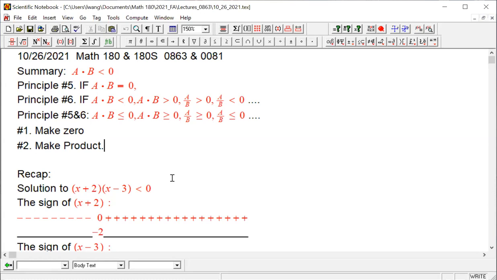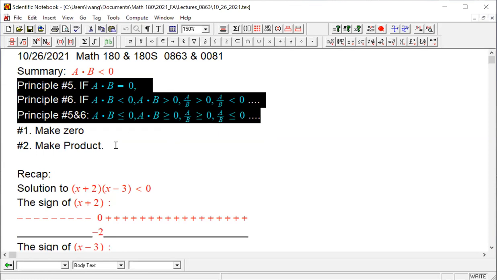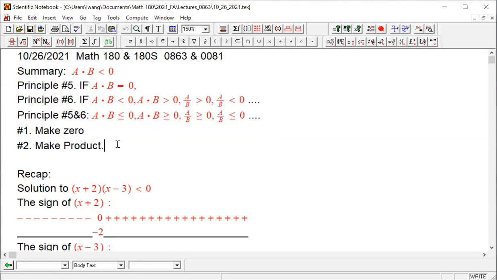It's because of these two principles, and the application of these two principles. So make 0 and make product are two important factors in applying principle number 5 and number 6.